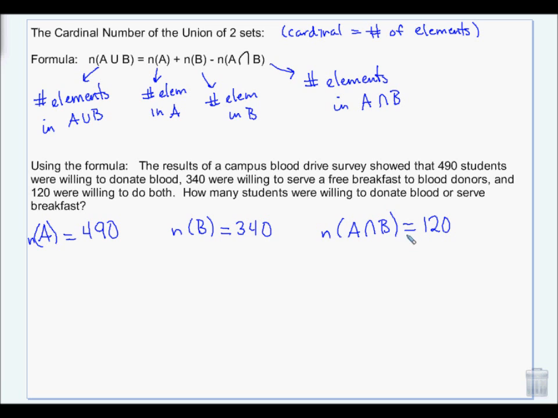So now if I want to find out how many students are willing to donate blood or serve breakfast, remembering that or is a union word, I want to find how many are in the union. So that's n of A plus n of B minus the intersection.